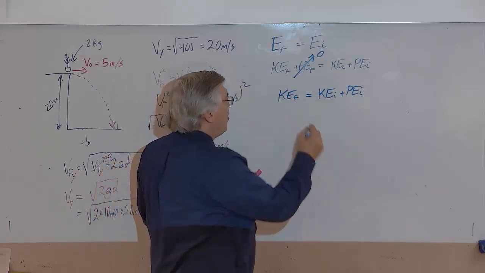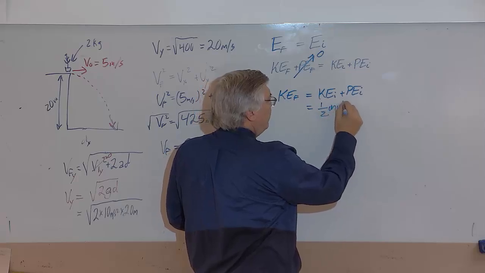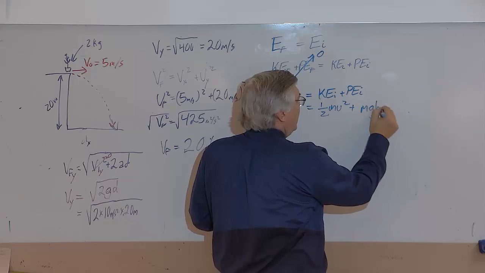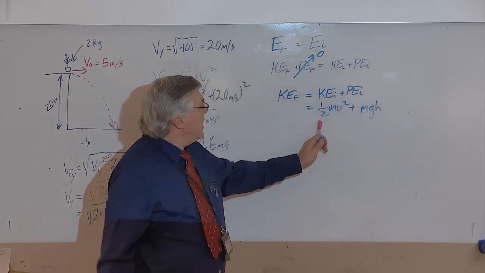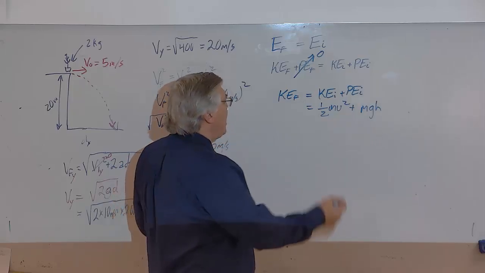And I know the equations for those. I have 1/2 mv squared plus mgh. That's kinetic energy and that's potential energy. So let me substitute in what I know.